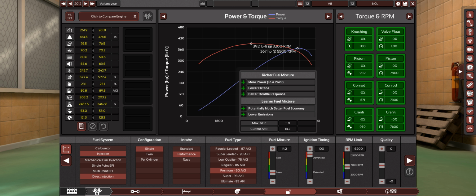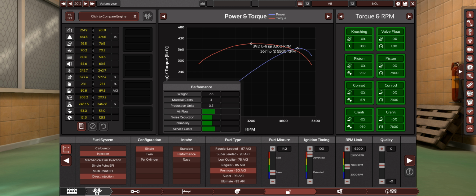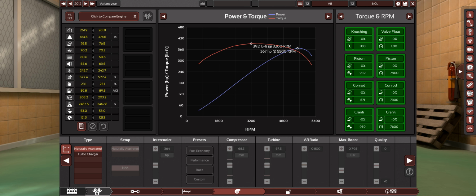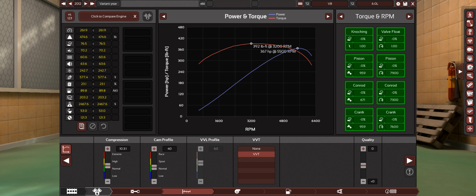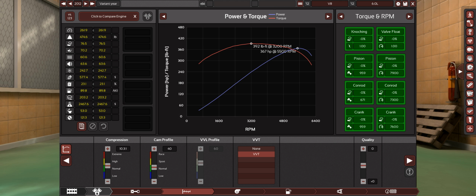Coming into here, every one of them uses a 14.2 fuel mixture and a fully advanced ignition timing, as well as premium fuel, a performance intake, and a single direct injection fuel system. And of course they're naturally aspirated, and with a cam profile of 40.